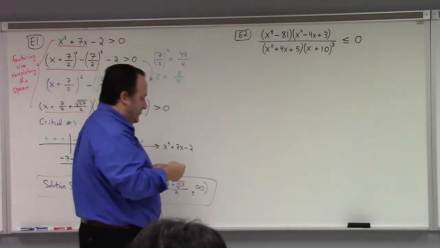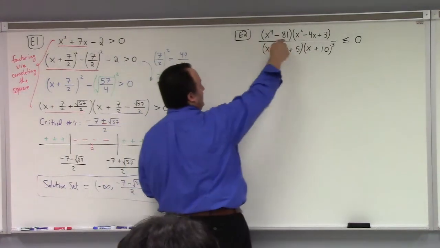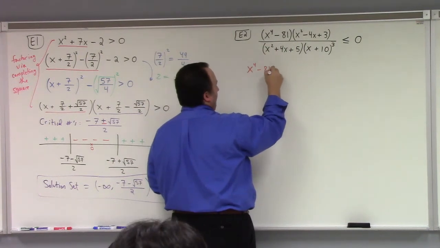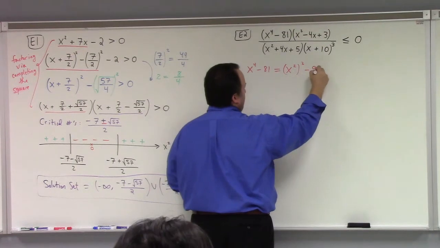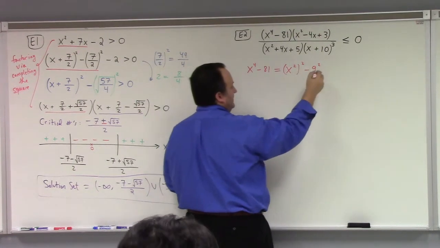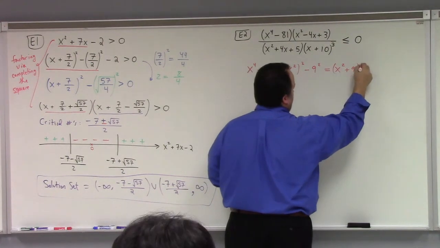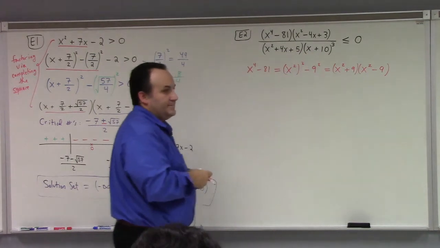So let me deal with them one term at a time. I'll focus our attention first on x to the 4th minus 81. How does that factor? That's x squared squared minus 9 squared, and as such, that is the difference of squares. So that's x squared plus 9 times x squared minus 9, right?